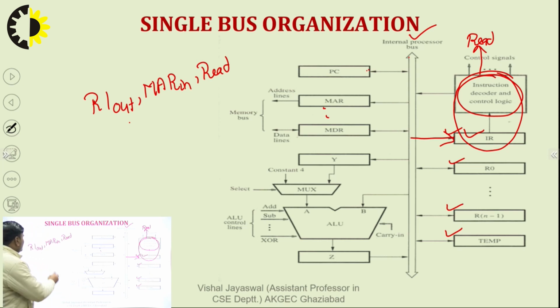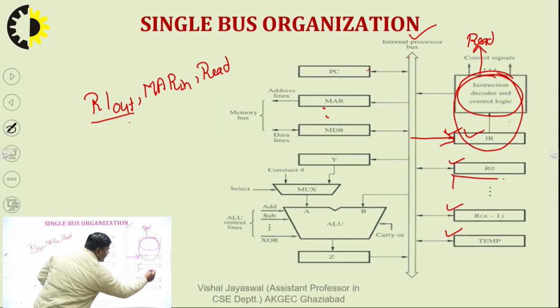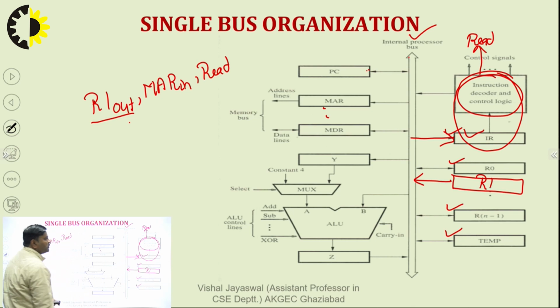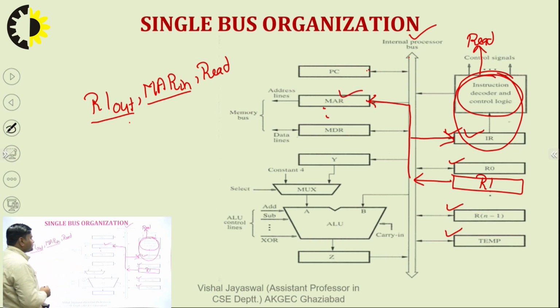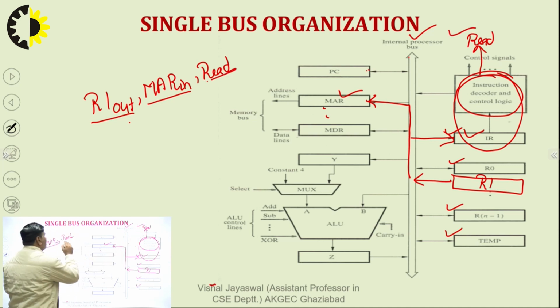Means the content of R1, it means here we can say that this is R1 and the content of R1 is out and goes on to the internal processor bus. Then this is received in the MAR register, that is memory address register. Then after that, the control unit issues the read control signal to the main memory.